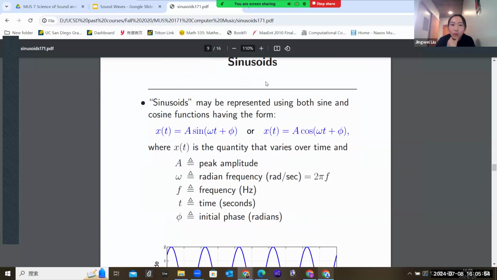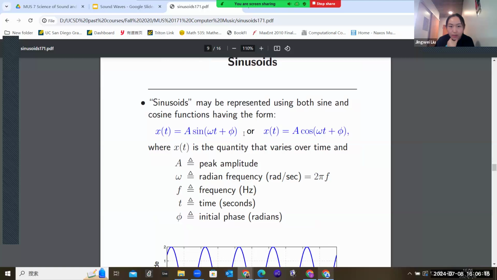Therefore, we will go through those basic concepts or basic quantities here. A is the peak amplitude, omega is the radian frequency, and f is the frequency. We talked about t being time, and phi is the phase.